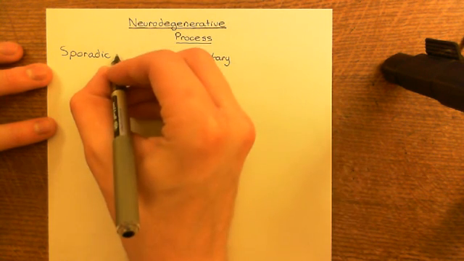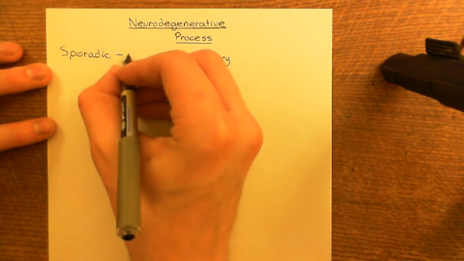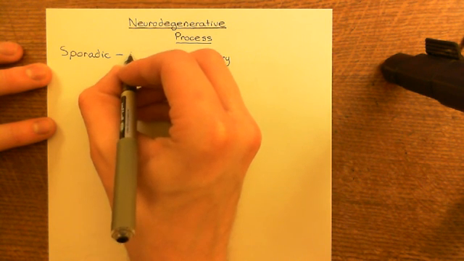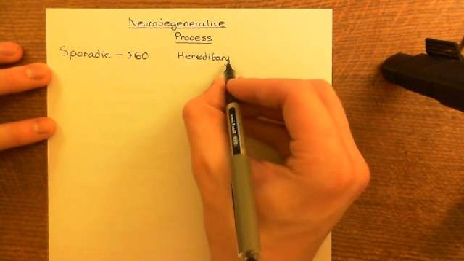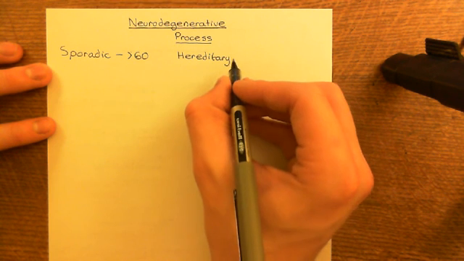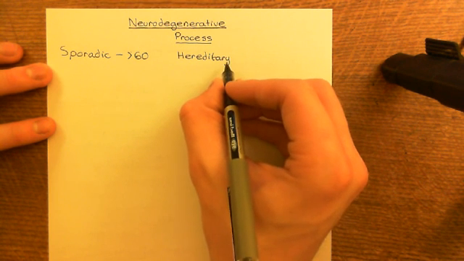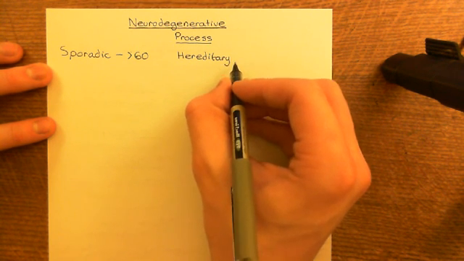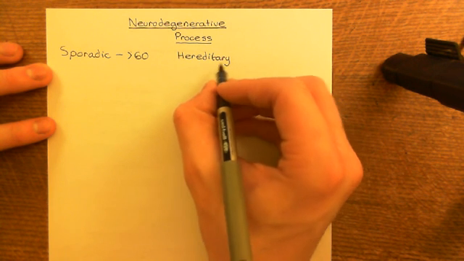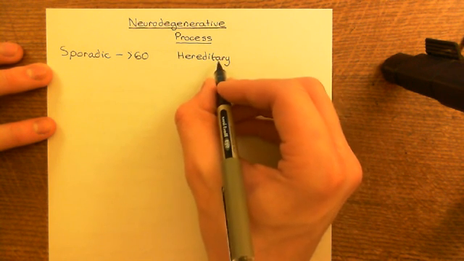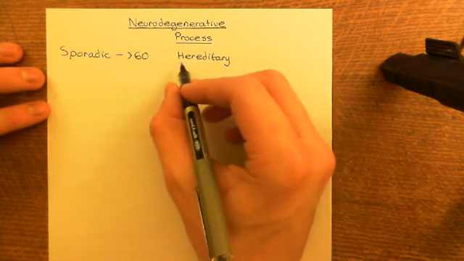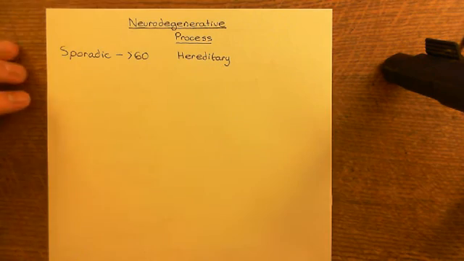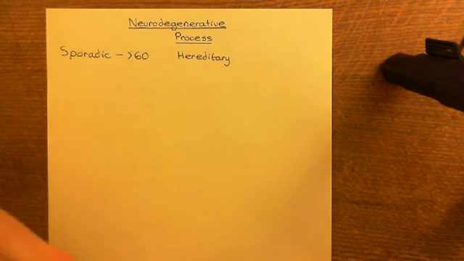Now, people who are going to get sporadic Parkinson's disease, generally it occurs after 60. Okay, so you are generally older than 60. In hereditary forms of Parkinson's disease, this age of onset can be much younger. In some forms of hereditary Parkinson's disease, the age of onset can be at 3 years old, so you develop it much quicker, basically. Okay, right.